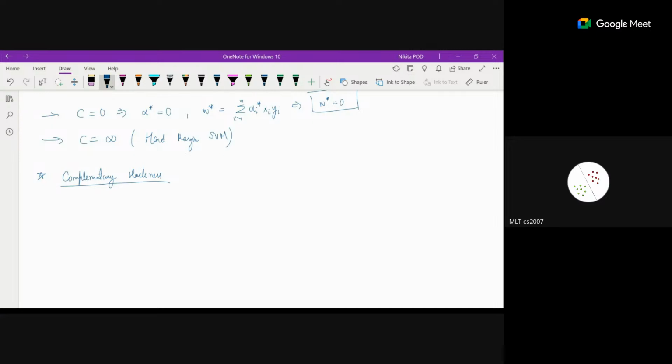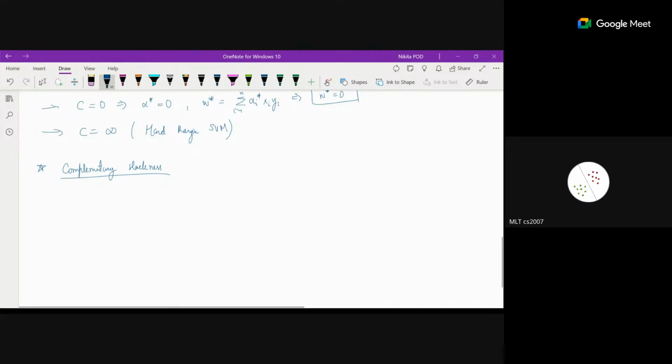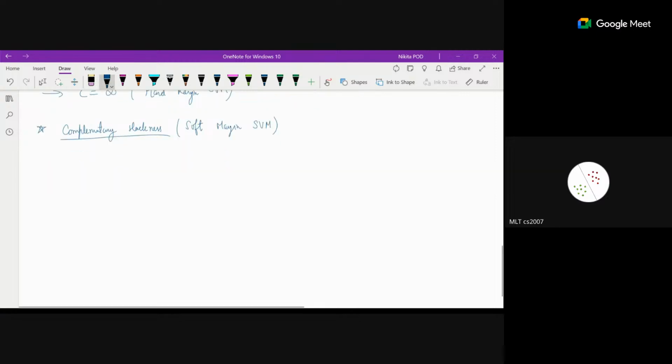At the W star, this is what we were getting. Now, if we look at the primal, the soft margin SVM case, we will observe from this complementary slackness condition what the points are which are important to us.